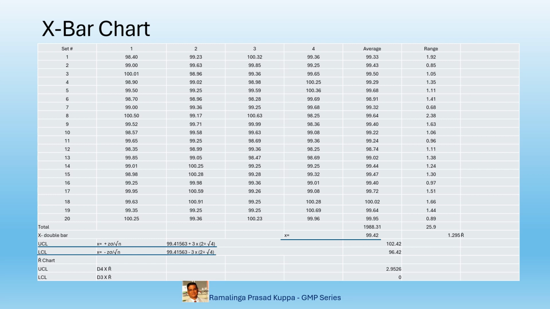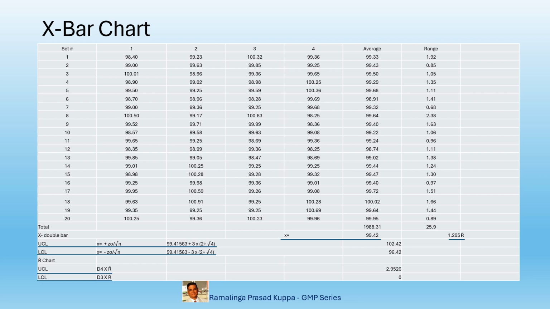The R bar is the average of all R values. This also is obtained by adding up all individual range values and dividing by 20. In this example, you get the R bar value.